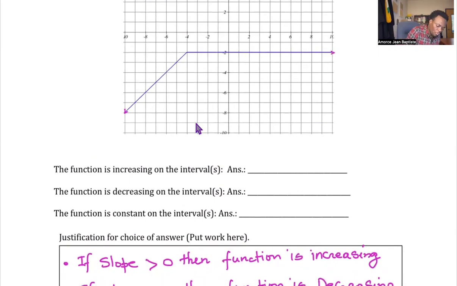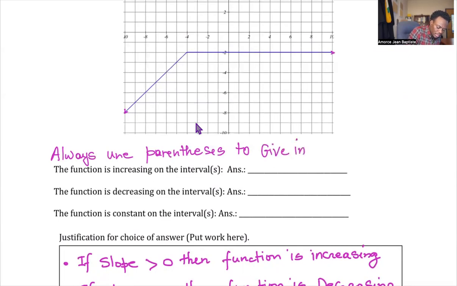Now, we are looking for the open interval. Well, keep in mind that you always use parentheses to give increasing, decreasing, and constant intervals.